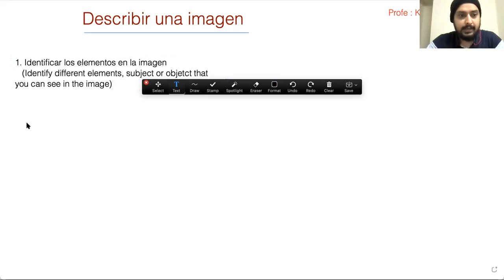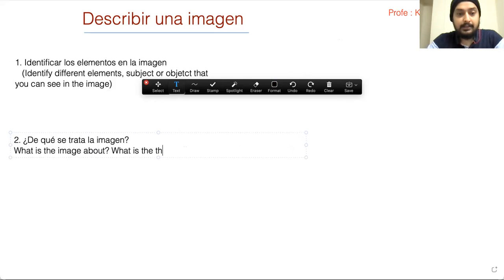Okay, the second part is to know what the theme of the image is, what the image is about, de qué se trata la imagen, or maybe the theme. In this case, you need to tell what the theme of the image is, what the image is about, right? Okay.